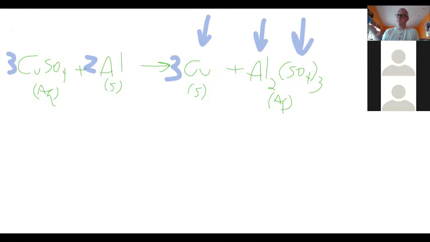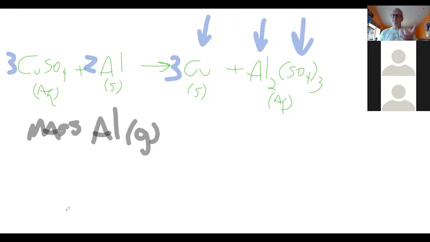What's pretty much the first thing we measure during this reaction? Is it the molar ratio? Well, before you even do that, what do you measure about the aluminum? How many grams? Right, we're going to take the mass of the aluminum in grams.